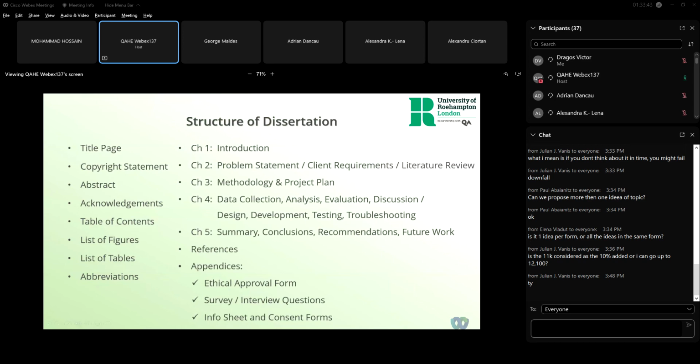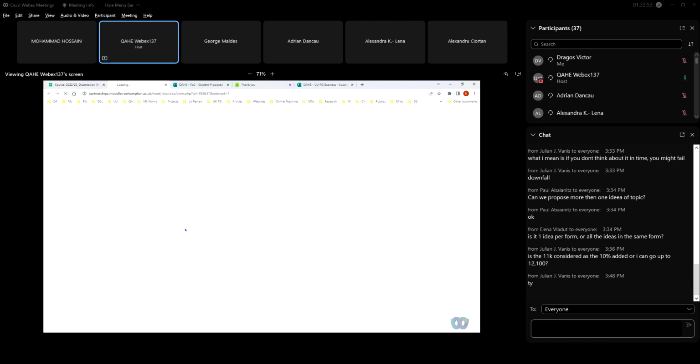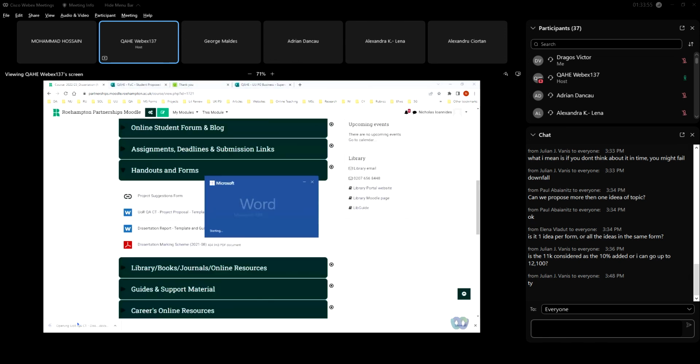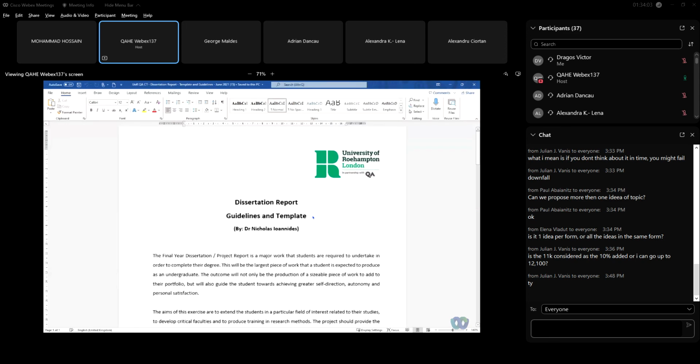So similarly with the proposal, if you go back onto Moodle and you come into handouts and forms, look at this dissertation report template and guidelines. Click there, download, open, and here's your template again with guidelines again, specifically for the dissertation, right?